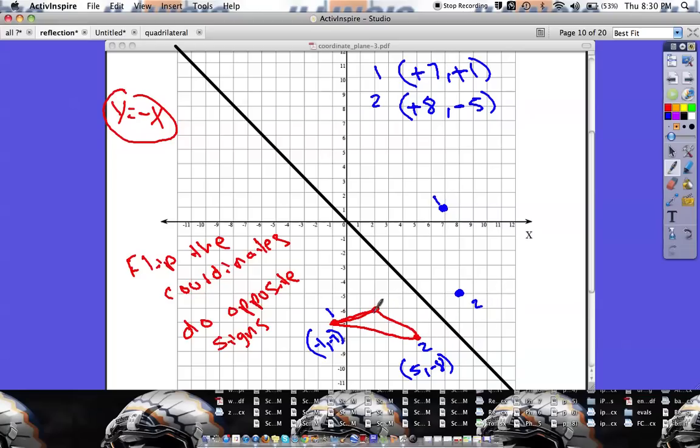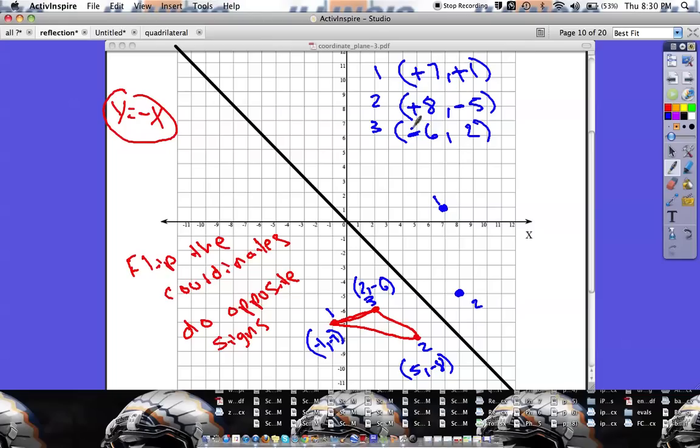And then my point 3 is right here, which looks to be 2 and negative 6. So all I need to do here is flip those around so it's negative 6 and 2. And then since it's y equals negative x, I'm going to want to change the signs, do the opposite.